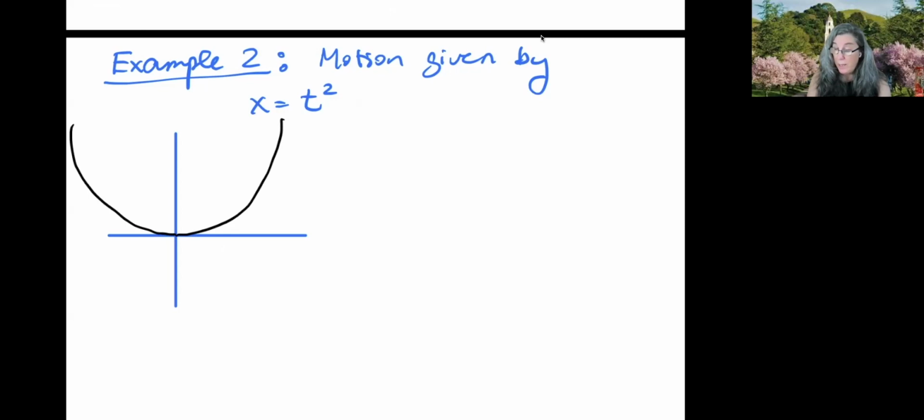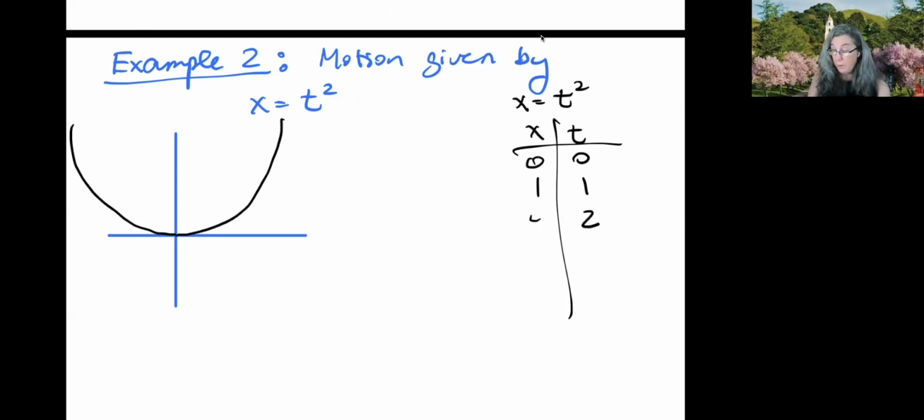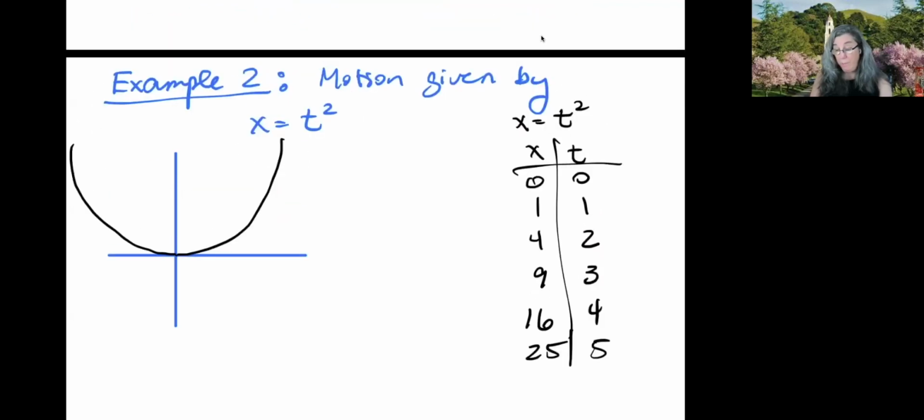If I do my table again, if I do x equals t squared, and I have the t and the x. For 0, it's 0. For 1, it's 1, right? 1 squared is just 1. If it's 2, 2 squared is 4. 3 squared is 9. 4 squared is 16. 5 squared is 25. However far you want to go.